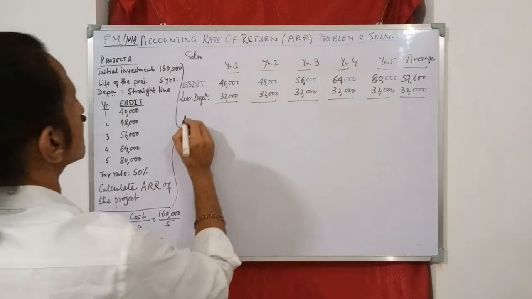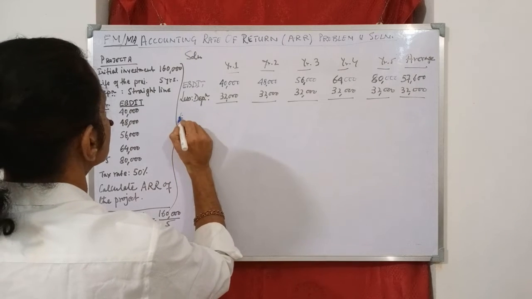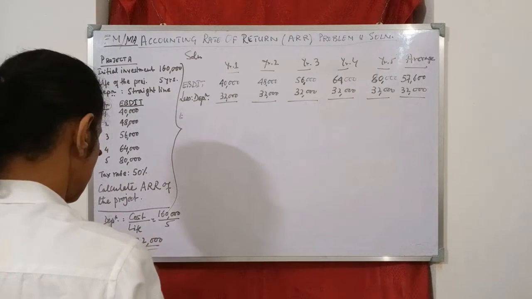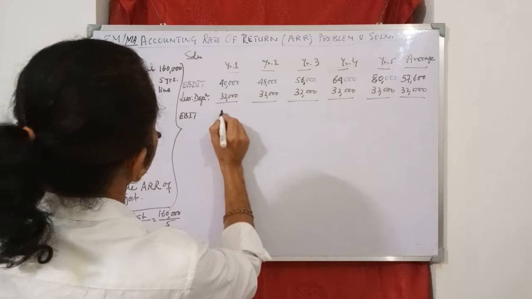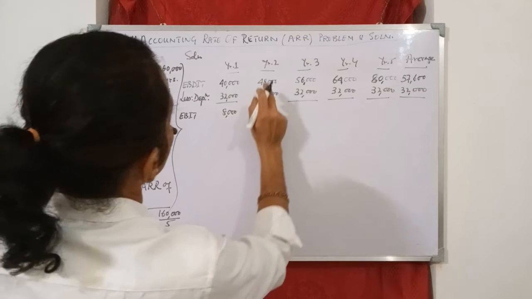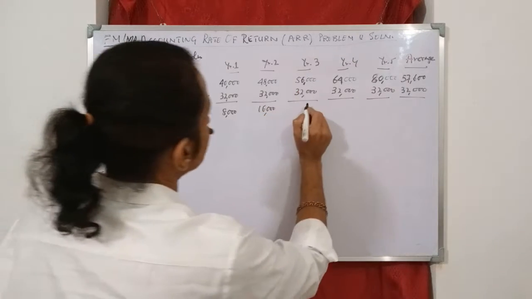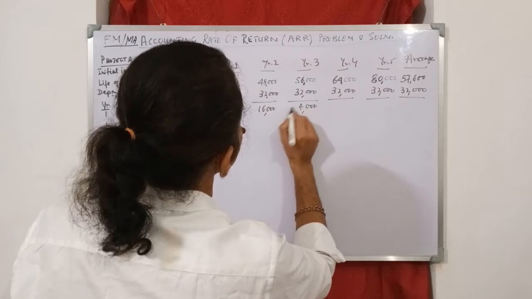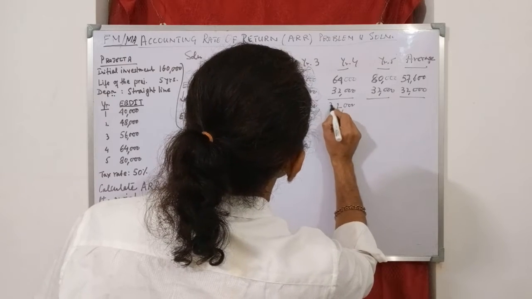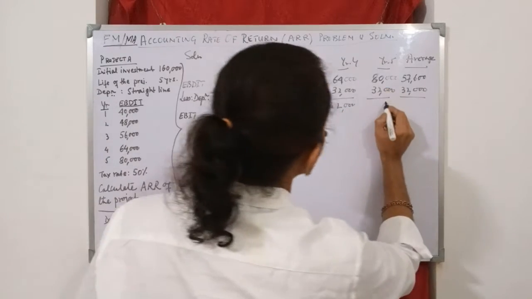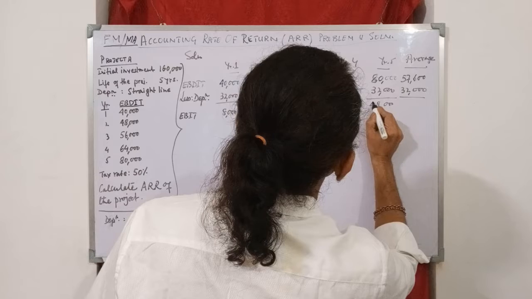What do you get? We get EBIT. $40,000 minus 32,000, that is 8,000. 48 minus 32, that is 16,000. 56 minus 32, that is 24,000. 64,000 minus 32,000, that is 32,000. 80 minus 32,000, it is 48,000.